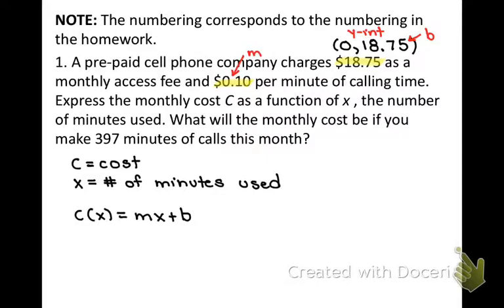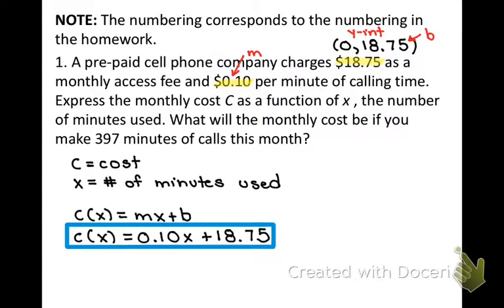Now let's just put the pieces together. So we have that c of x equals 10 cents per minute, so 0.10x plus $18.75. This right here is my cost equation. Now, this question goes on to ask me what the monthly cost would be if I use 397 minutes.